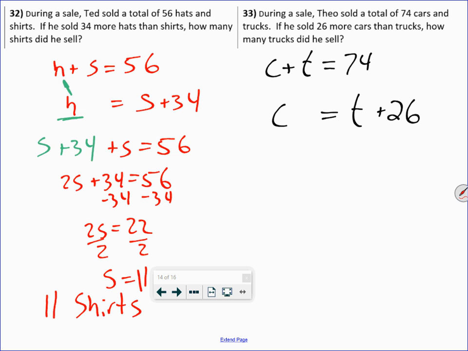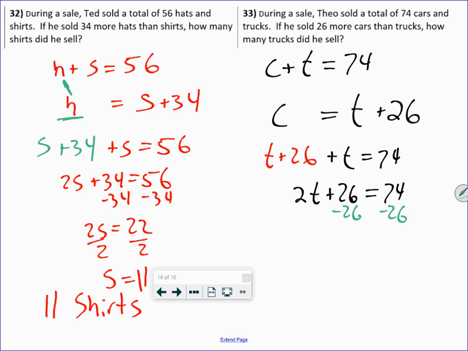And then once again, this is the same problem as before, using substitution, and I can go T plus 26 plus T equals 74, or 2T plus 26 equals 74. Subtract 26 from both sides, and I get 2T equals 48.